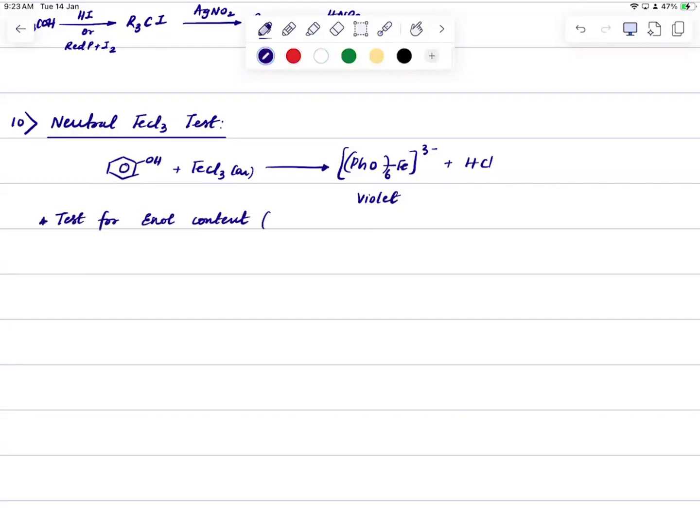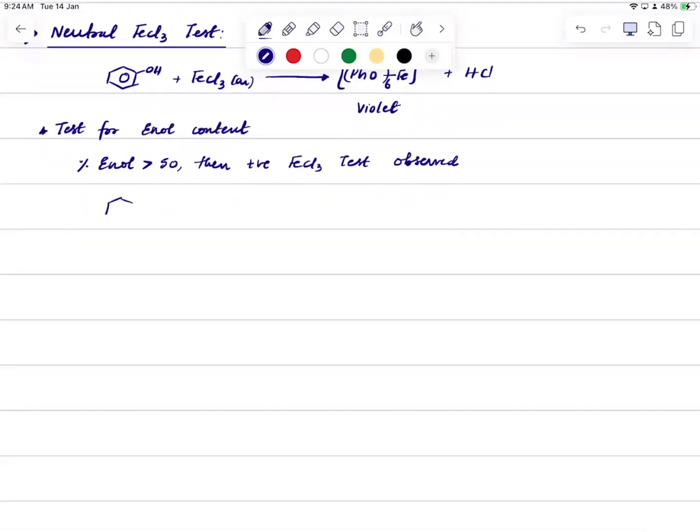If percentage enol is greater than 50, then positive FeCl3 test is observed. Clear? So which means, other than phenolic forms, where do we see that?